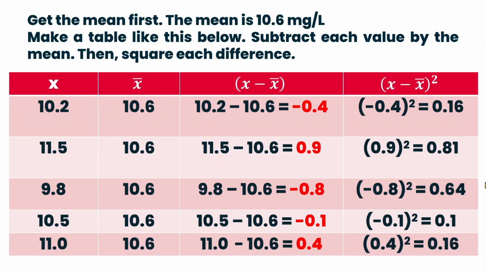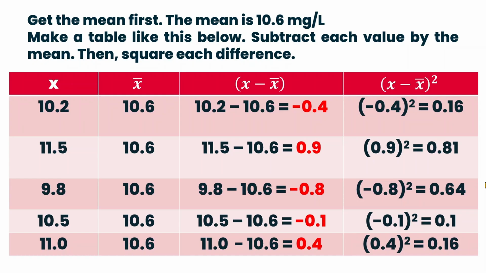For the third column, all we have to do is subtract the mean that we just solved from each of the given numbers. Okay, if you've already calculated the difference between each of the numbers and the mean, for the last column, we must square that difference. So for example, 10.2 minus 10.6 is negative 0.4 for the first row.